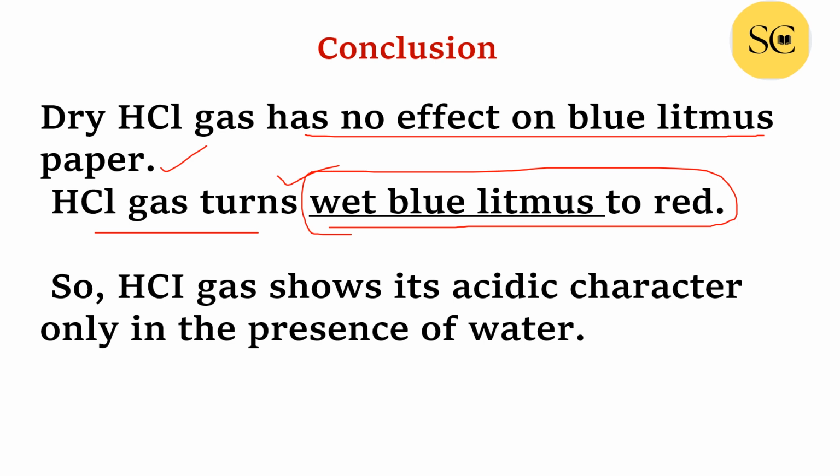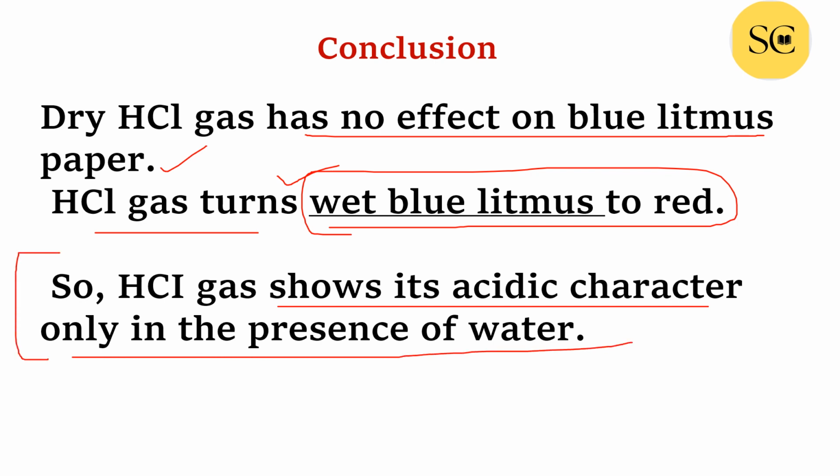So, HCl gas shows its acidic character only in the presence of water. Okay. So now, through this activity, we can conclude that acids produce hydrogen ions in the presence of water or moisture, and they show acidic character.